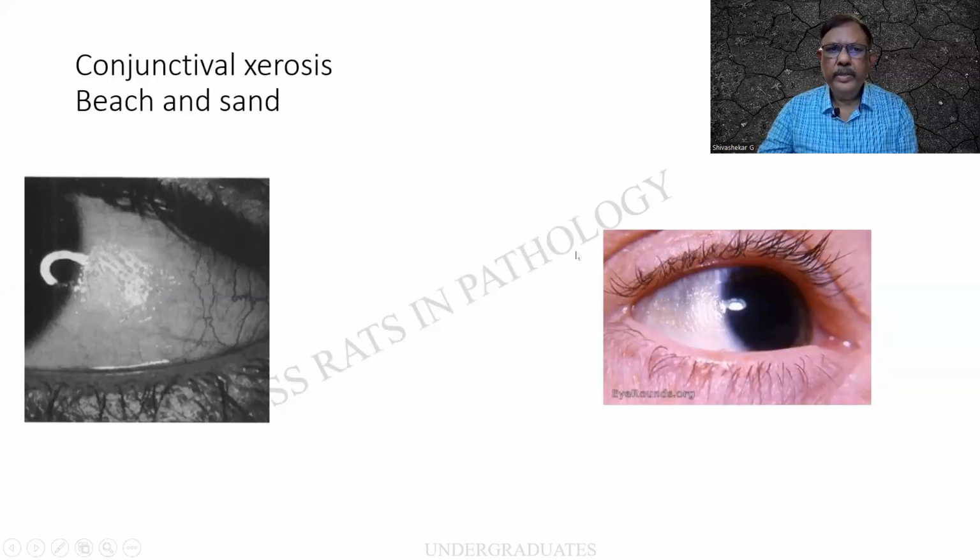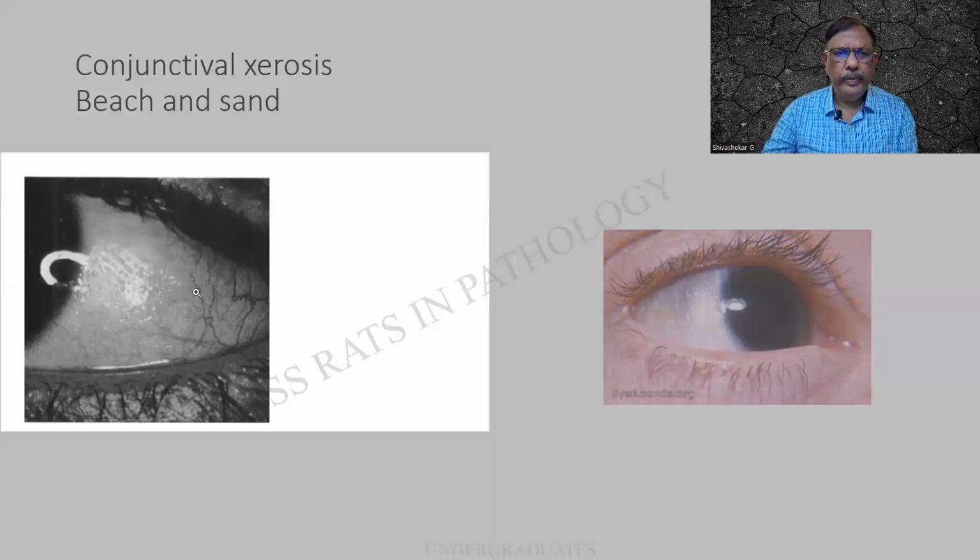Now, my dear students, this is a slide of conjunctival xerosis. Look at the picture. This is the cornea. The margin is the corneal limbus, and then there is the conjunctiva. This is a black and white picture, and then this is a color photograph of the same condition. If it is not very clear, see it now.